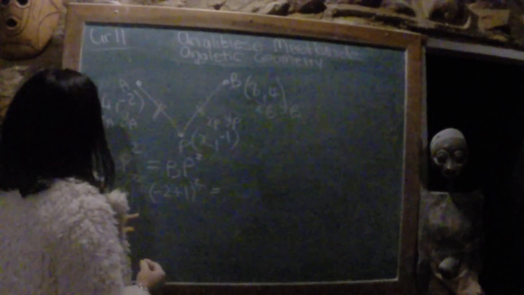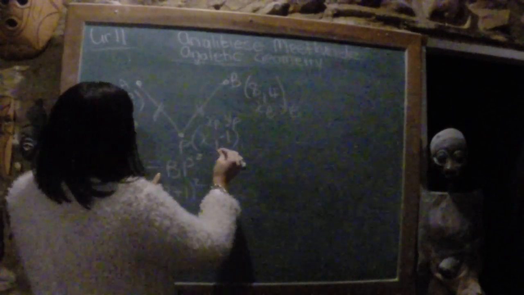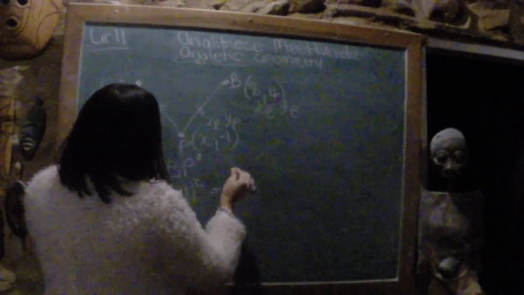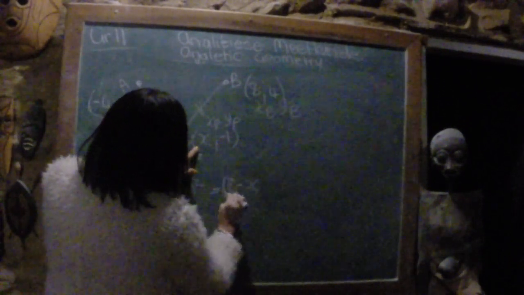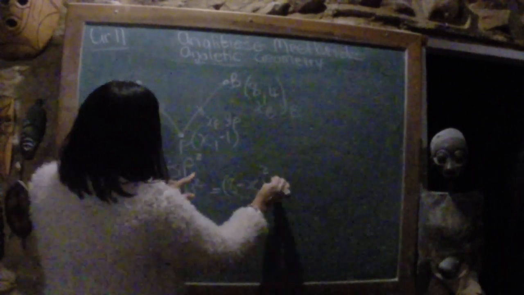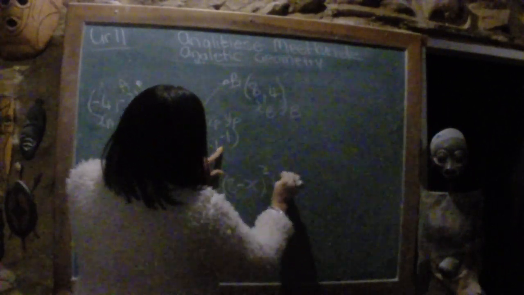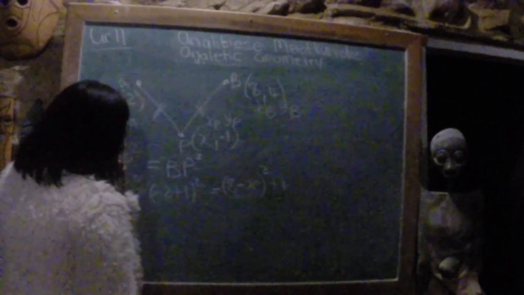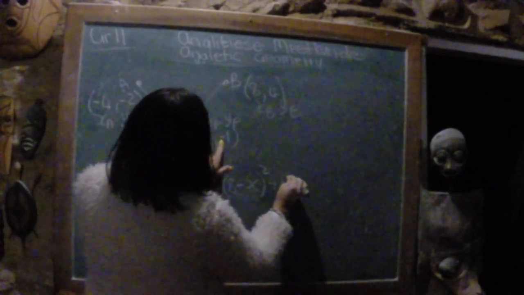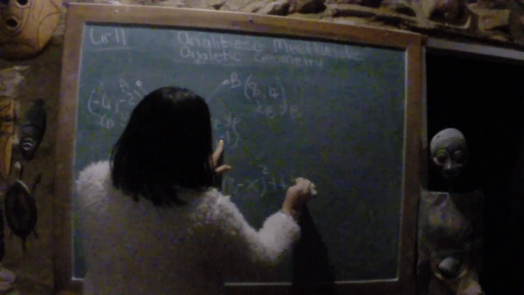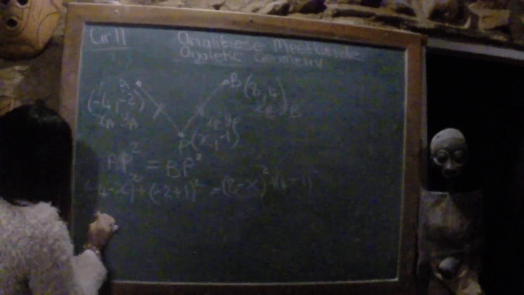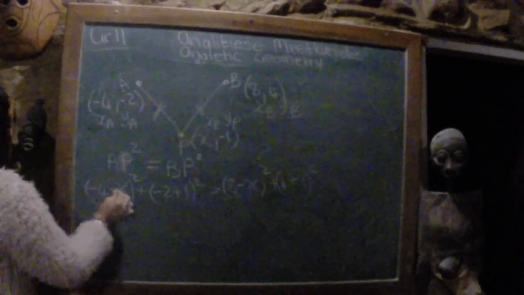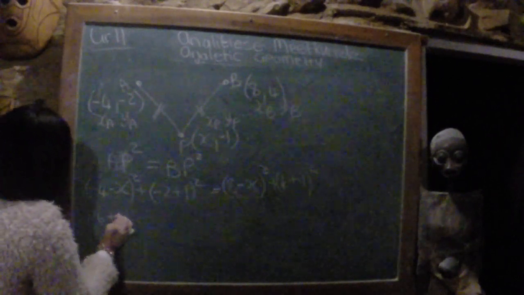Okay? So that must be equal to BP. So let's say XB minus XP squared plus YB minus 1 squared. So as this works out, we get 16 plus 4x plus 8x.